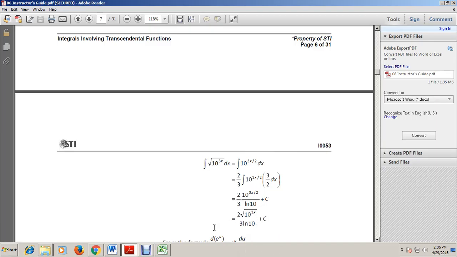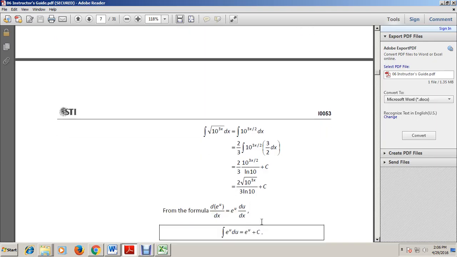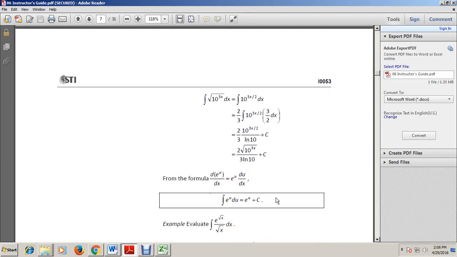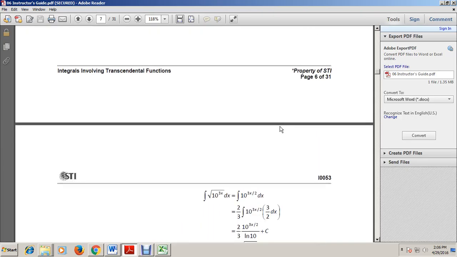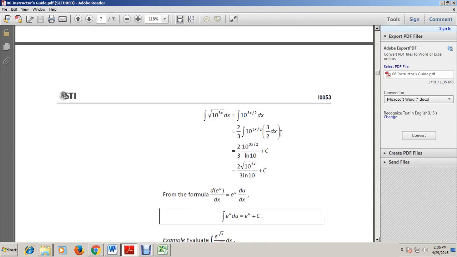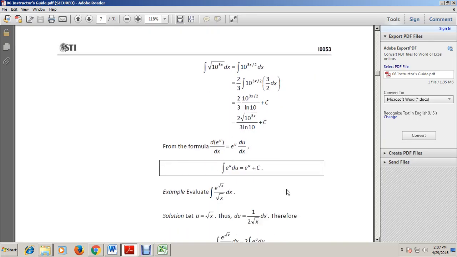Now, try to recall that 10 raised to u du is of the form of the integral of a raised to x. It follows that you're going to apply here the formula for reversing the process of getting the derivative of the exponential function. So next is doing the integral of 10 raised to u du.